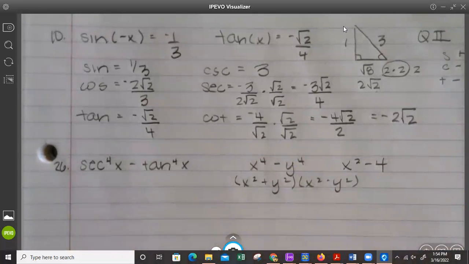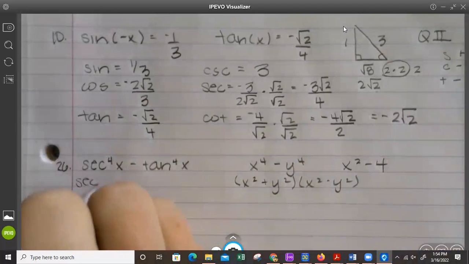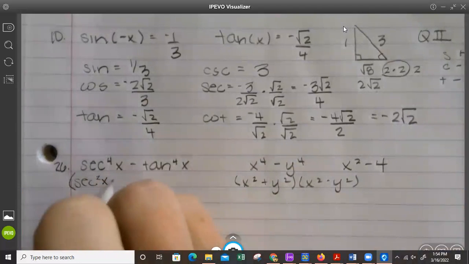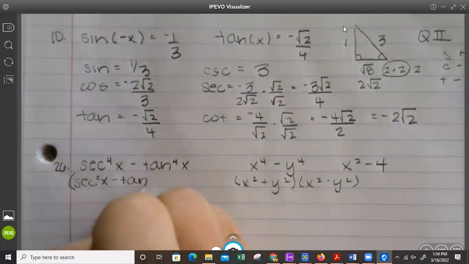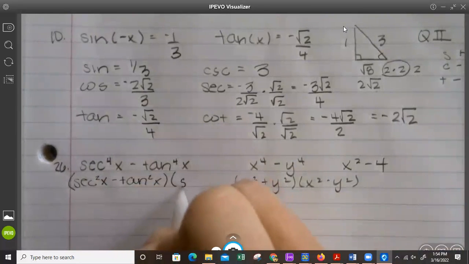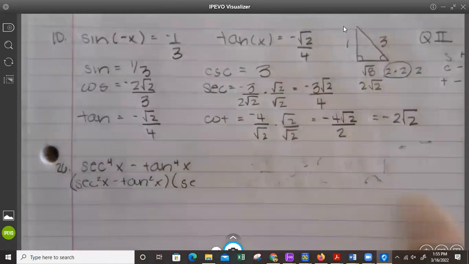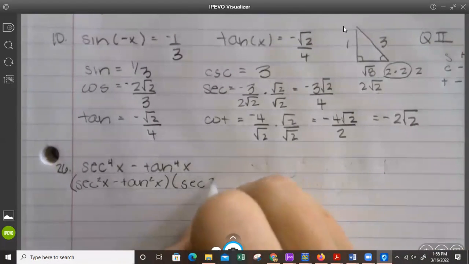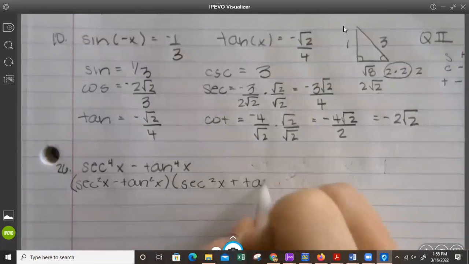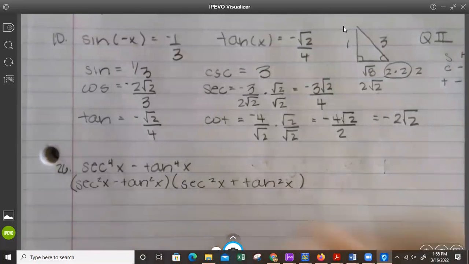Okay, but we don't have x and y. What do we have? So secant squared x minus tan squared x and secant squared x plus tan squared x. What do you notice from here?